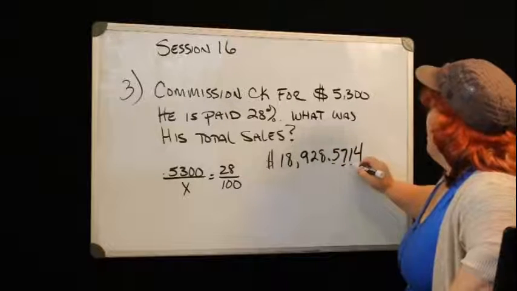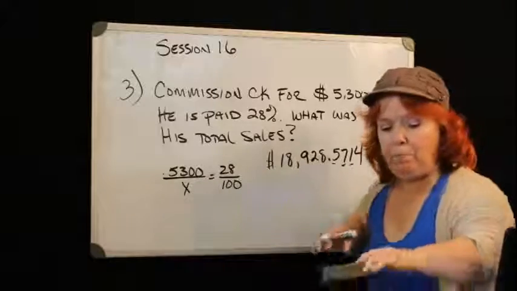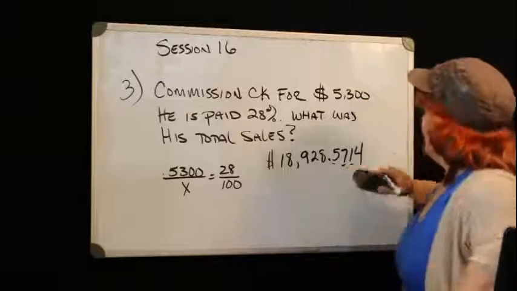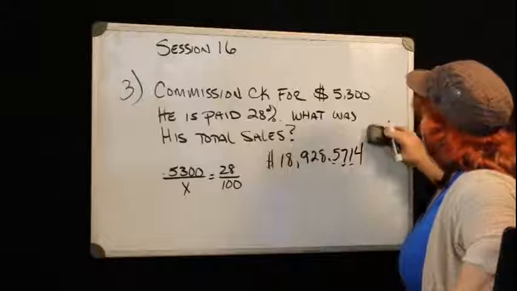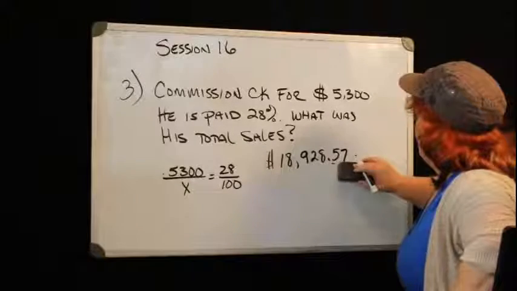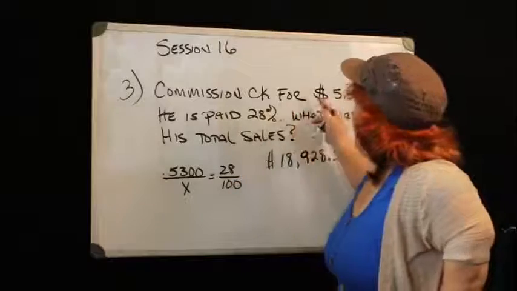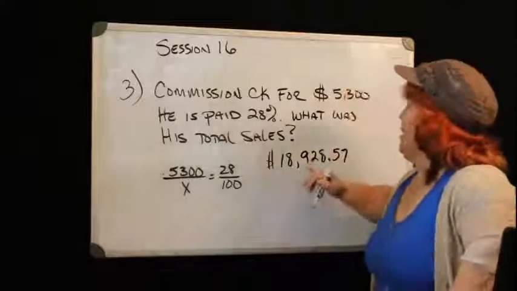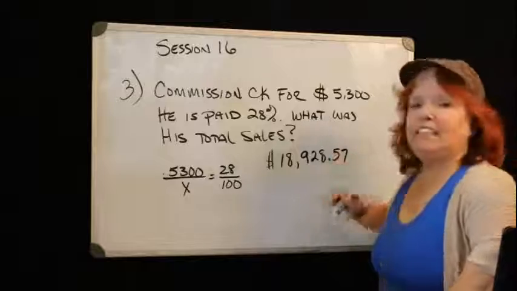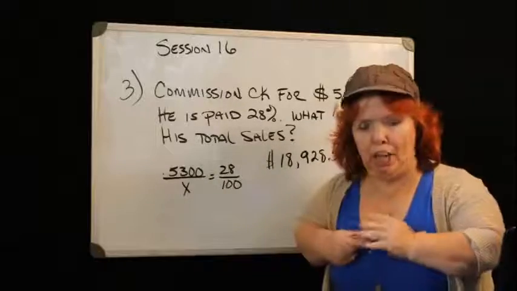Since this is 1, what happens to the 7? It stays a 7, and what happens to the 1 and 4? You just drop them off. So his total sales, in order to get this check, was $18,928.57. Did a good job. That was a good month.